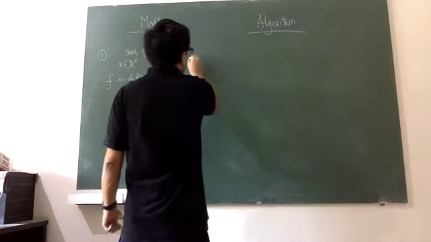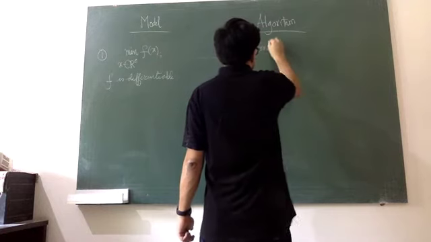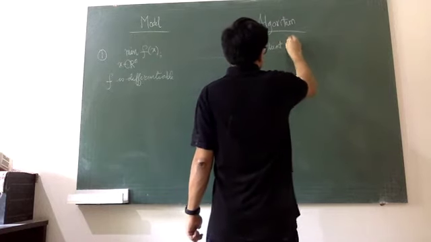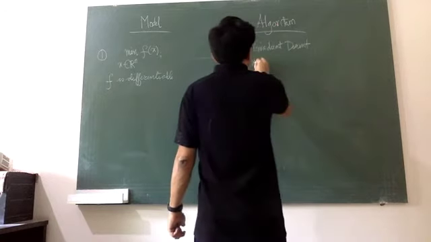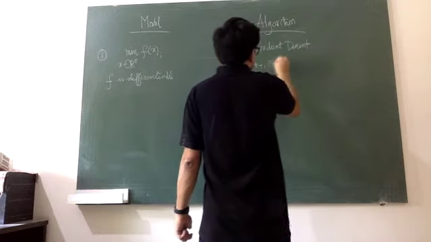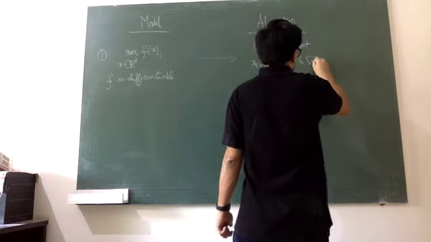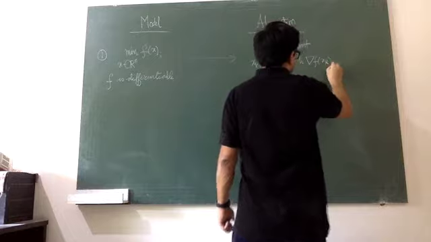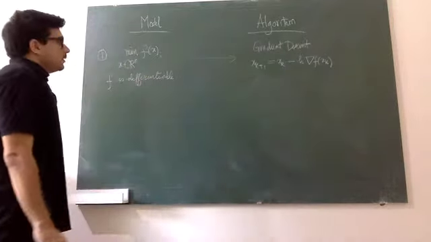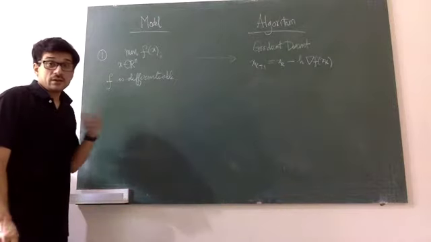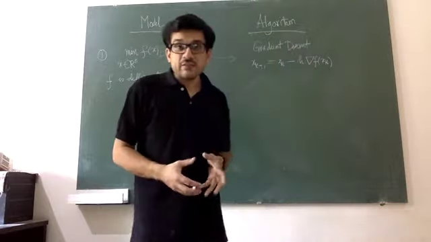So here the model is unconstrained minimization, and the algorithm is gradient descent: x_{k+1} equals x_k minus h times the gradient. I'm just writing the update. You need to define the gradient, which is the bunch of partial derivatives.